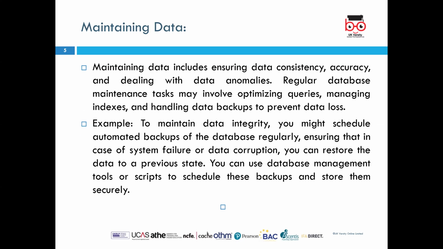Then we have maintaining data. Maintaining data includes ensuring data consistency, accuracy, and dealing with data anomalies. This involves regular database maintenance tasks, which may involve optimizing queries, managing indexes, and handling data backups to prevent data loss. So these are the different tasks that are performed in maintaining data. For example, to maintain data integrity, you might schedule automated backups of the database regularly, ensuring that in the case of system failure or data corruption, you can restore the data to the previous state.